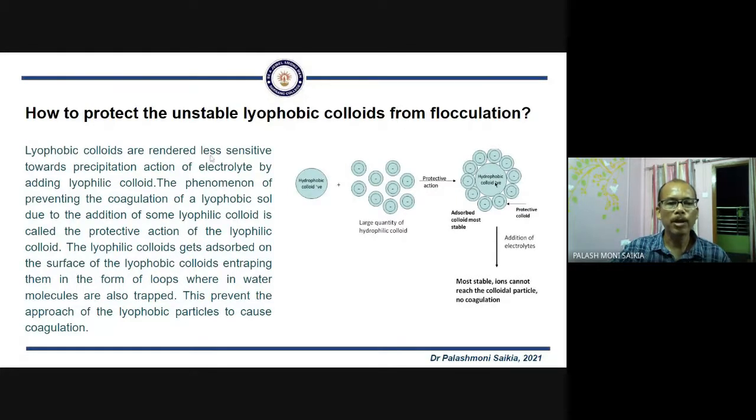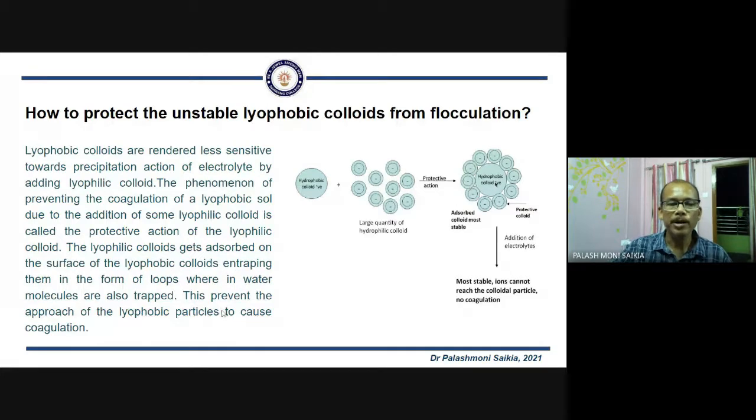Addition of lyophilic colloid renders them less sensitive toward precipitation, even on adding electrolyte. This phenomenon of preventing the coagulation of lyophobic sol due to addition of lyophilic colloid is called the protective action of the lyophilic colloid. How do the lyophilic colloids protect? It has been said that the lyophilic colloid simply gets absorbed on the lyophobic colloid, entrapping them, encasing them like solvation.